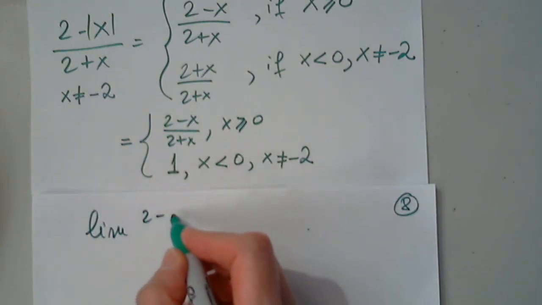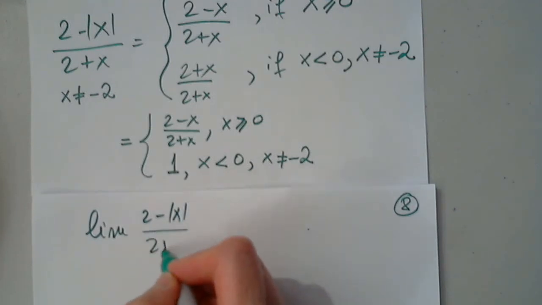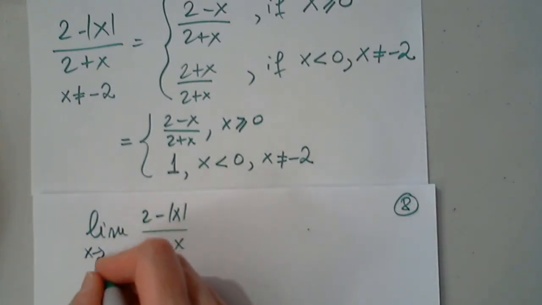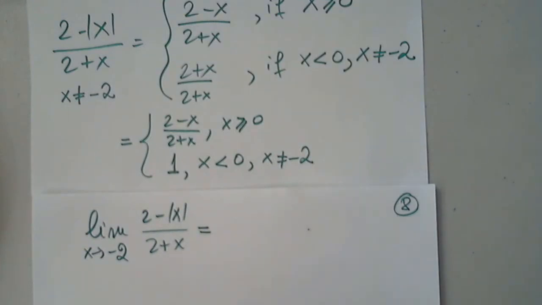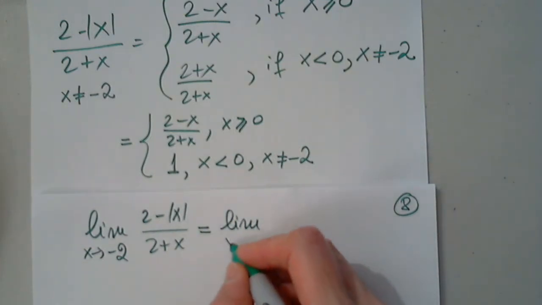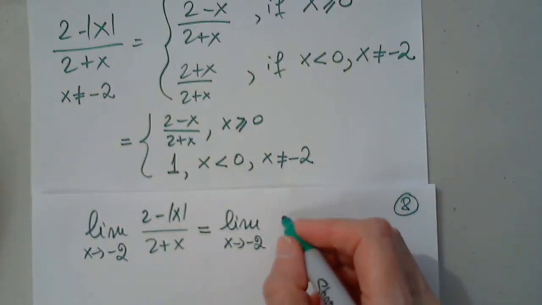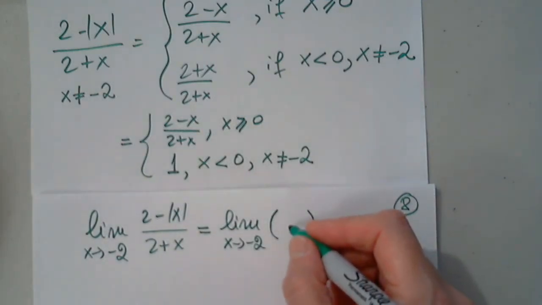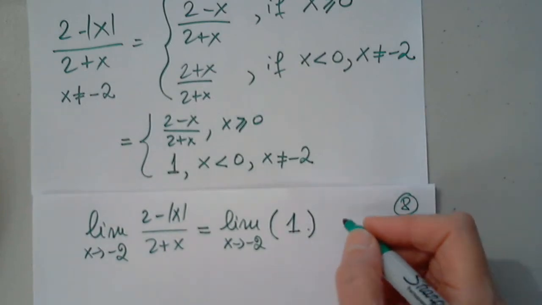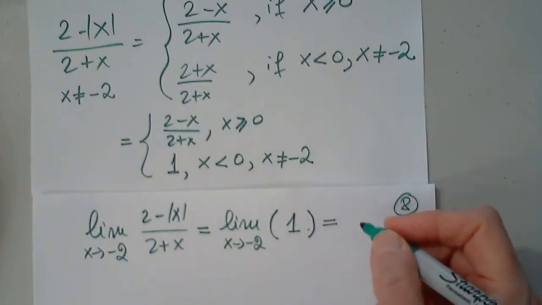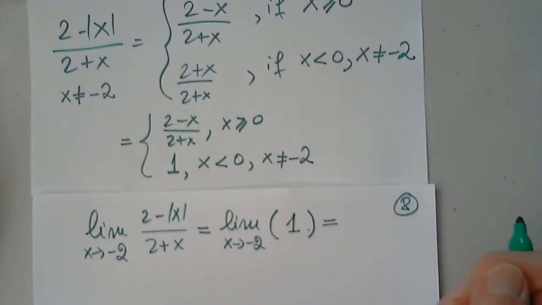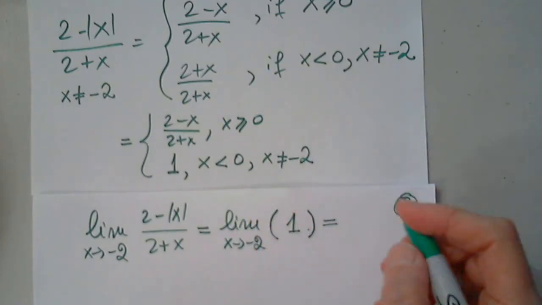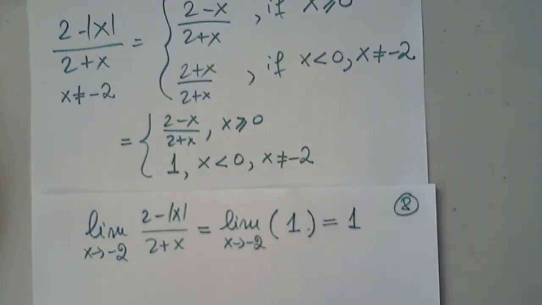So the limit of 2 minus the absolute value of x over 2 plus x when x approaches -2 from either side is the limit as x approaches -2 from what? 1. Yes. And what is the answer? This is a limit law. The limit of, exactly, who cares where x is going to? 1 will always be 1. Excellent.